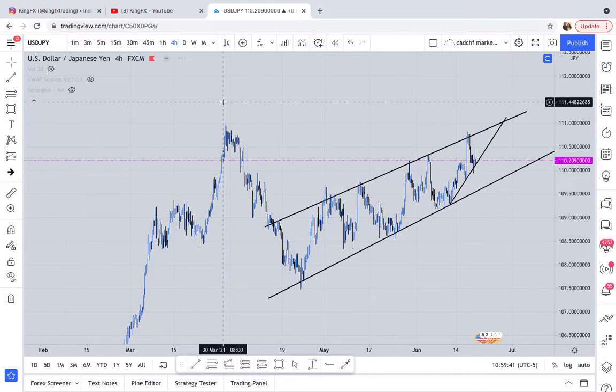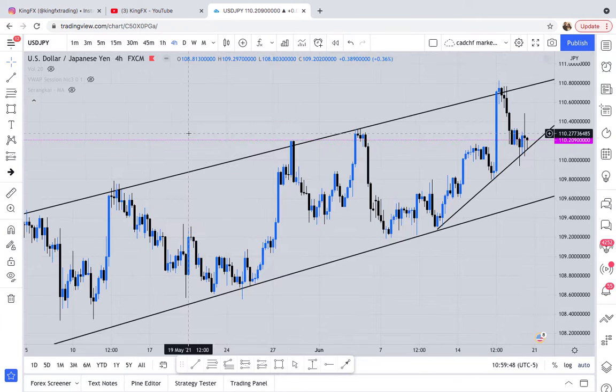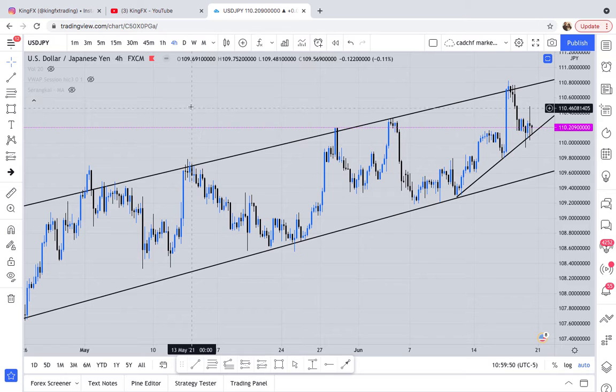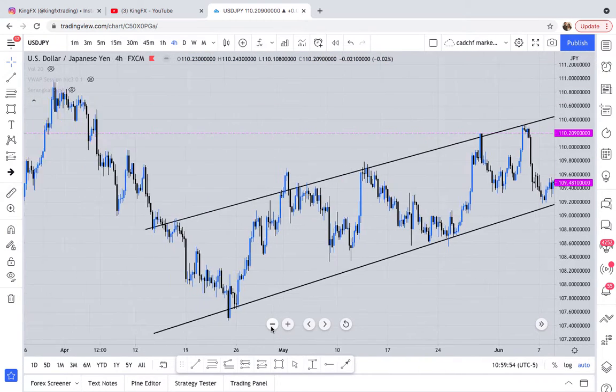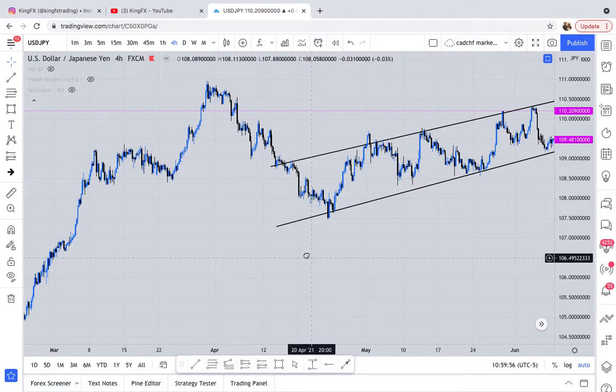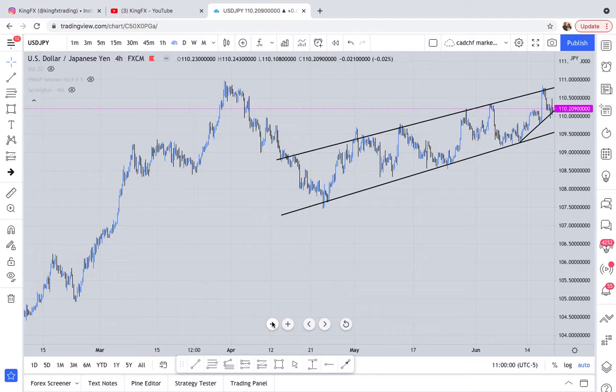So now what we are going to end up looking for is our zones. Let me go ahead and get this adjusted a little bit better. There we go. Alrighty. What we look for is a large area of rejection.